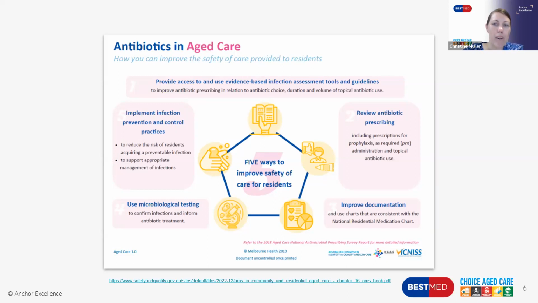That we are reviewing prescribing and trends, including a regular review of prophylactic antimicrobials. That we are ensuring documentation and medication charts are optimal. That we are using microbiological testing prior to prescription wherever possible. And that we're implementing effective infection prevention and control practices.